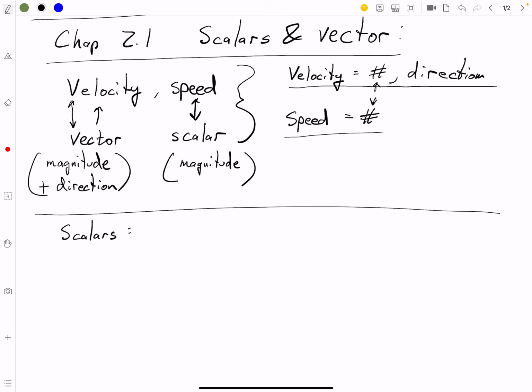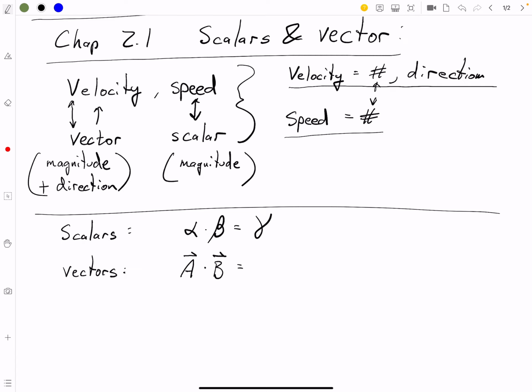Scalars we can multiply. So let's say we have alpha and we're multiplying times beta. That gives us gamma. And we can also multiply vectors. And we take our vector. A vector has a little arrow over the top of it.